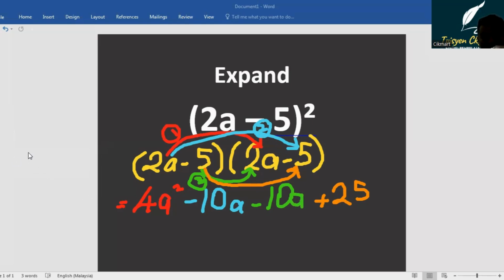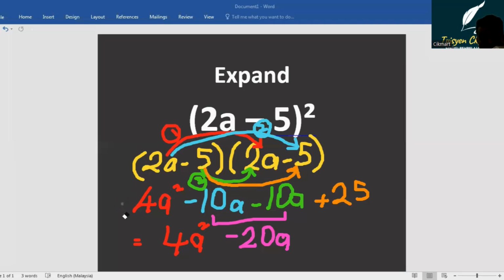Okay, so what we do now is to merge this. So negative 10 minus 10 is minus 20a, of course. Bring the red one down as usual, 4a squared.